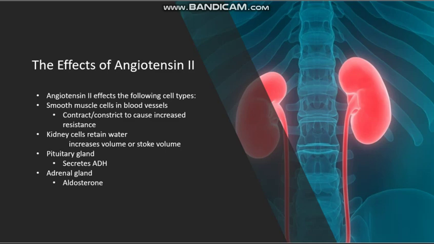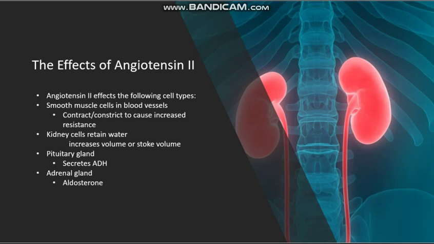Now, ADH also targets some of the same cells that angiotensin II targets. It targets the smooth muscle cells in the blood vessels and causes them to constrict. Same as angiotensin II, increased resistance, increased blood pressure. ADH also acts on the kidney cells and causes them to retain water as well, increasing the stroke volume.